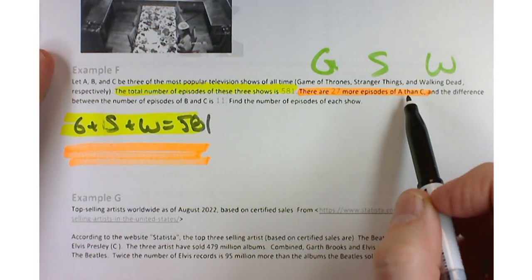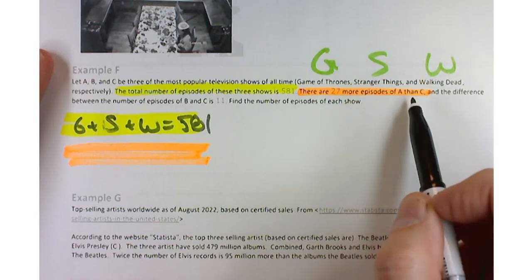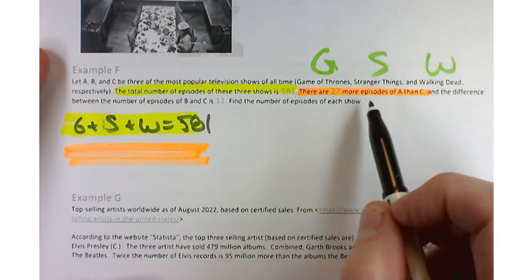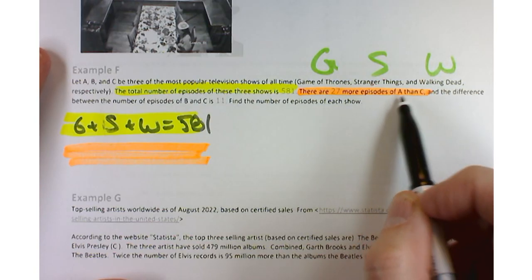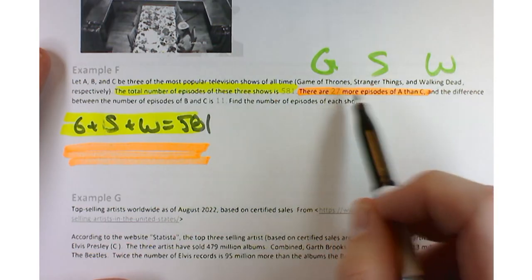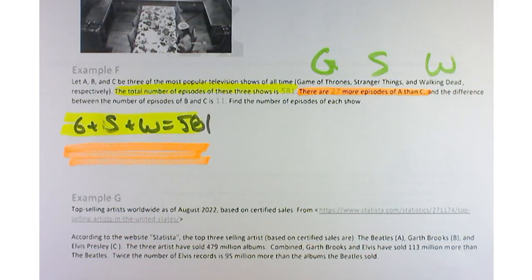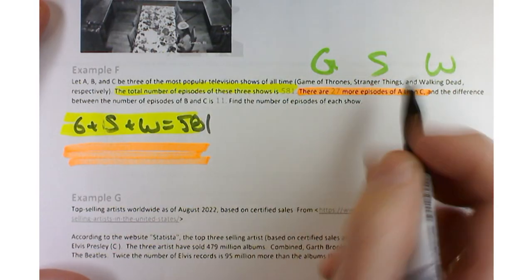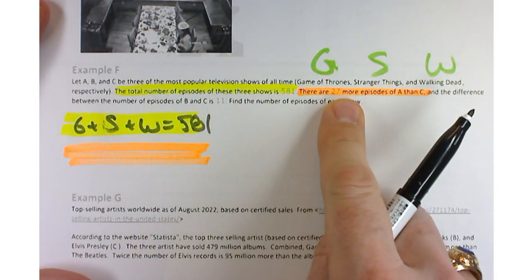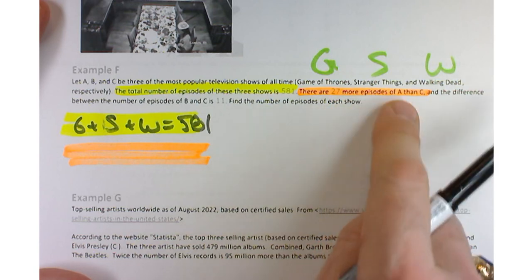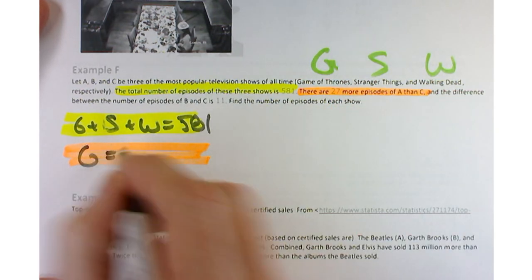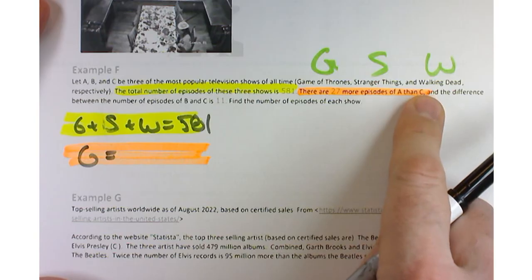If you're doing A and C, you can do A equals C plus 27, or you can do A minus 27 equals C. They're both the same. If I'm using G, S, and W, then Game of Thrones, G would equal 27 plus W.